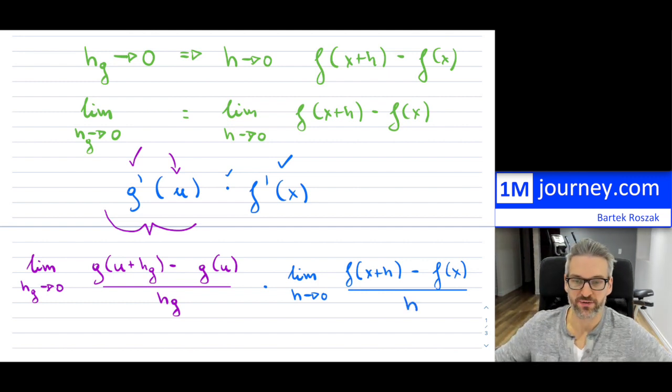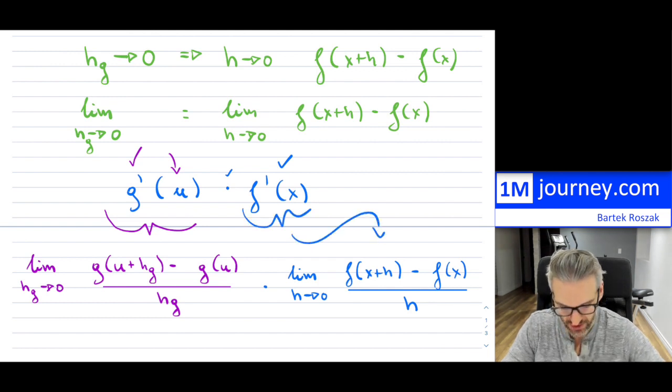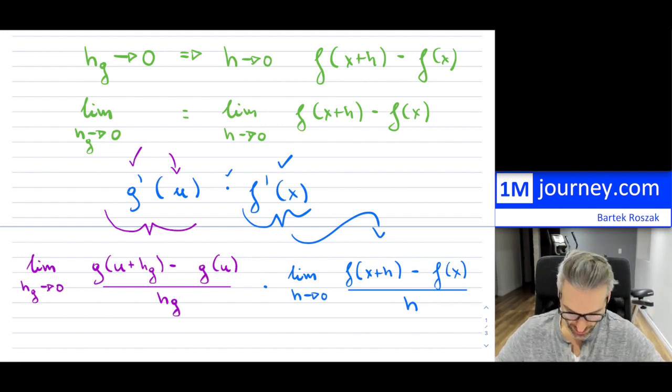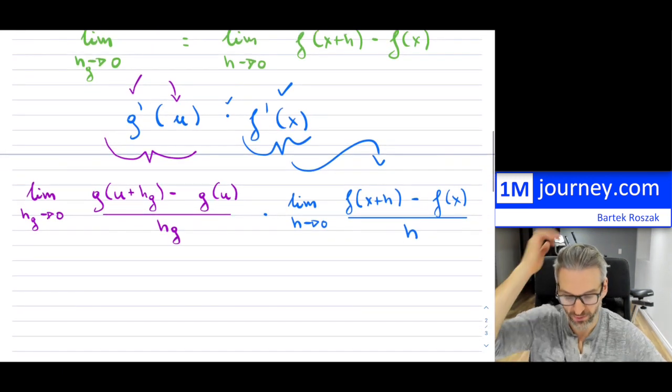So that's what I have right there, and this is just basically the definition of this, right? So that's just the derivative. So I have the two derivatives being multiplied together. Now you might say, okay, so that's nice. Now how is this going to lead to a particular proof?